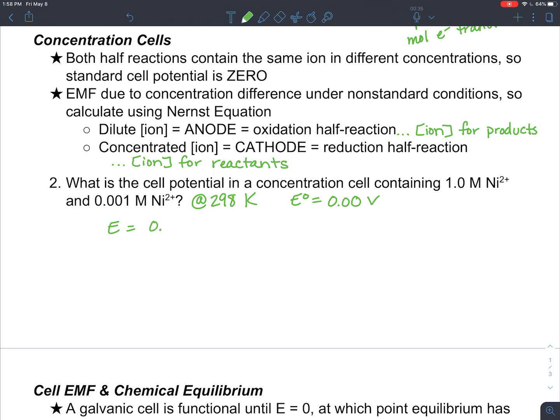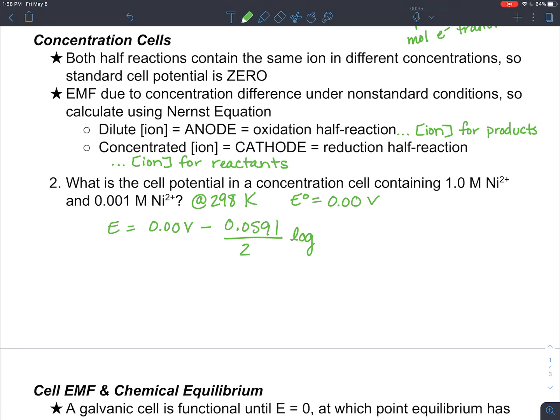So E, under non-standard conditions, is going to be 0.00 volts minus 0.0591 over 2 electrons. And then the log of Q. Okay.